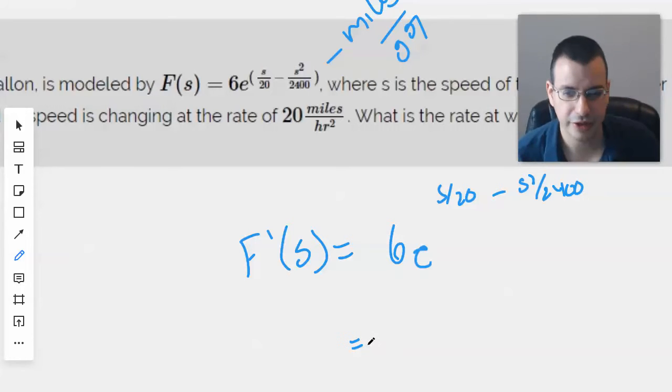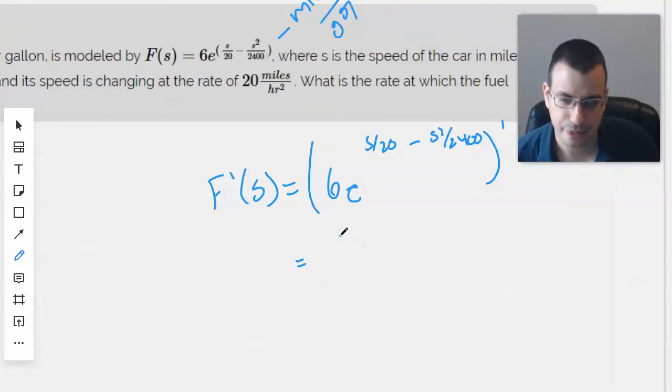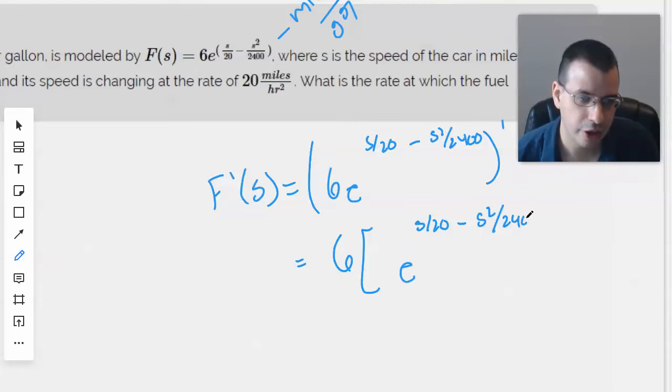The derivative will be f prime, so 6 will stay the same, and then we're going to do the chain rule. So we'll do e^(s/20 - s²/2400).